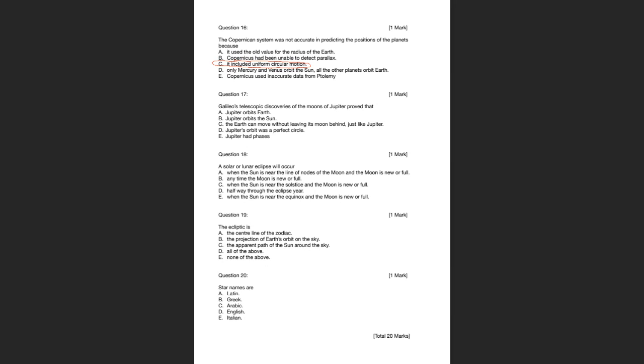Yes, Venus has phases. So number E is incorrect. So we can also cancel Jupiter's orbit was a perfect circle. We can cancel that out. So Jupiter orbits the Earth. They already know that. So which one of these two?